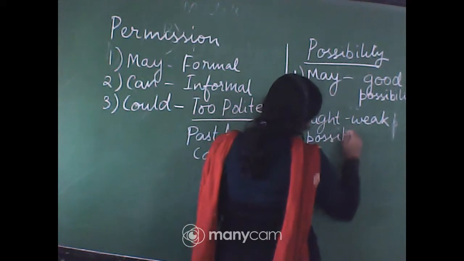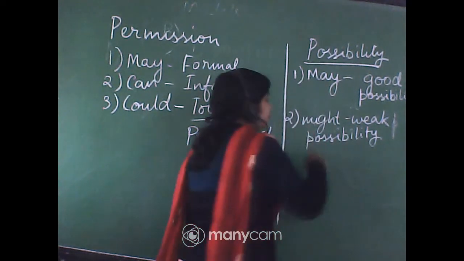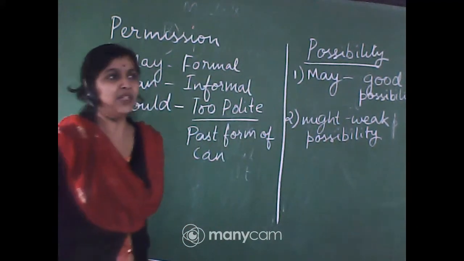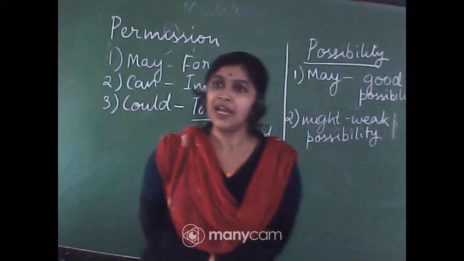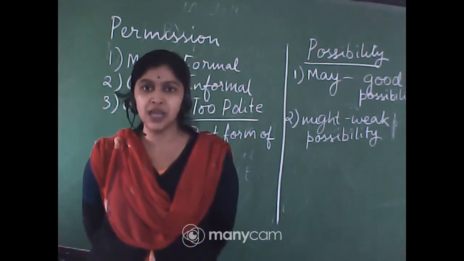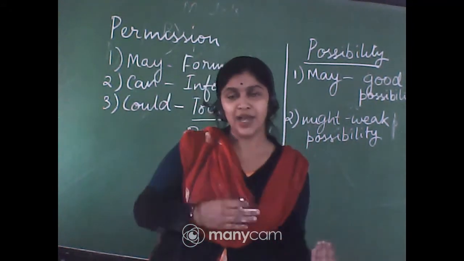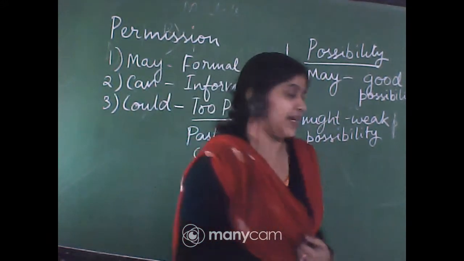Weak possibility, as well as it is also used as a past form of may and also as a conditional. Conditional means when you are suggesting a condition, like if you ask him, he might come to the party, might come. That means a condition, that is if you ask him, then he might come. Okay. For that also we can use might.